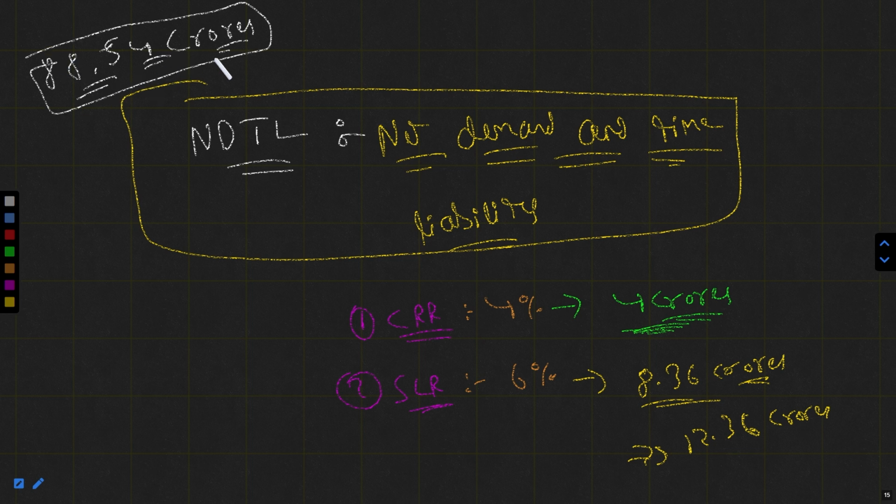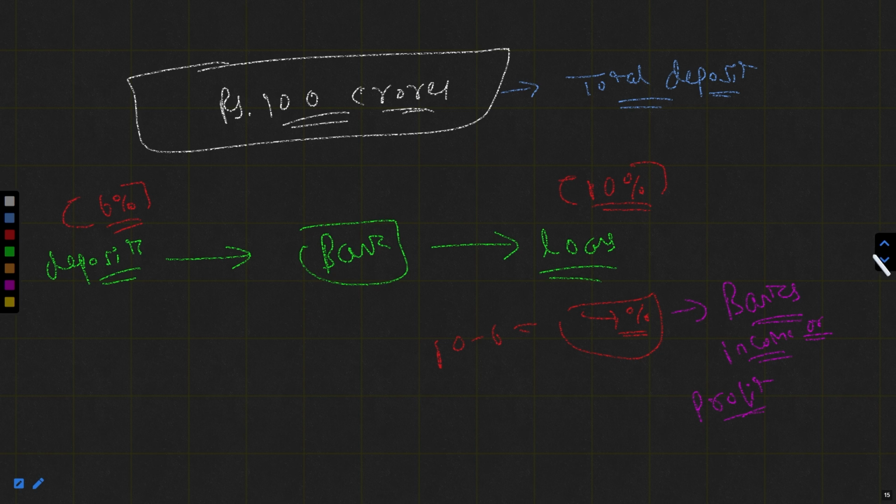This is the remaining amount. The bank could use it for lending purposes. So this is the reserve requirement. I hope that if you got confused while understanding the example in the previous lecture, now it is crystal clear to you.